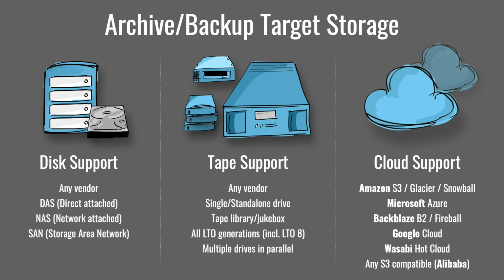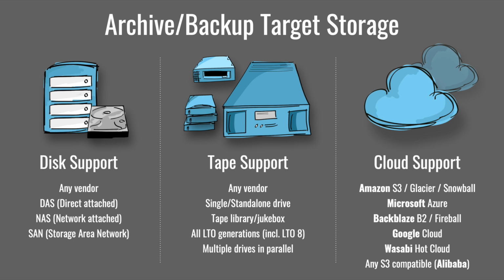Cloud support over on the right-hand side. We support Amazon S3 and Glacier, including the Snowball, which is a device they can send you in the mail and you can copy data to it to get data quickly into the cloud. We support Microsoft's Azure cloud storage, Backblaze B2, which they're a US company that now have an Amsterdam data center in Europe.